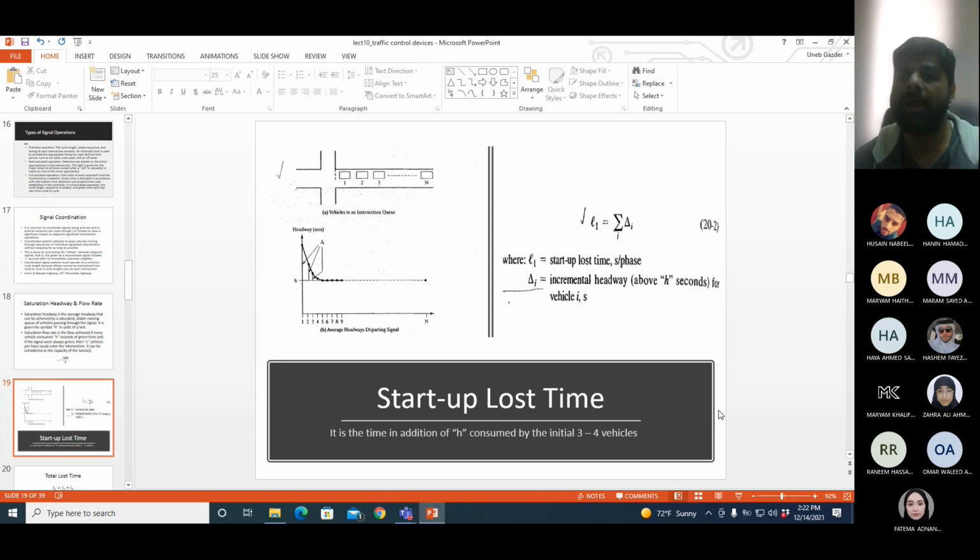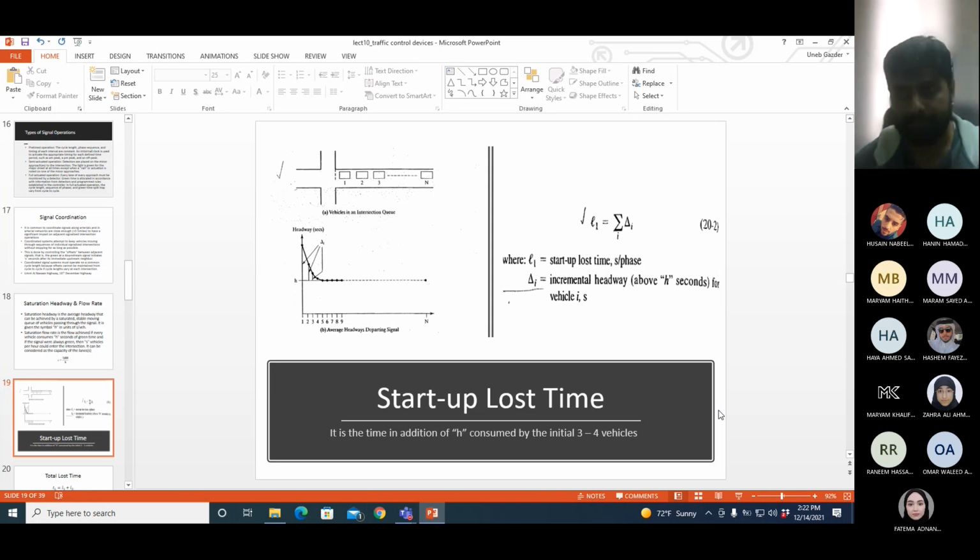According to traffic engineers, according to previous knowledge, we know that from the third or fourth vehicle onwards, the headway becomes equal to the saturation headway value. So the first 2 or 3 vehicles do not have a headway equal to saturation headway between them.